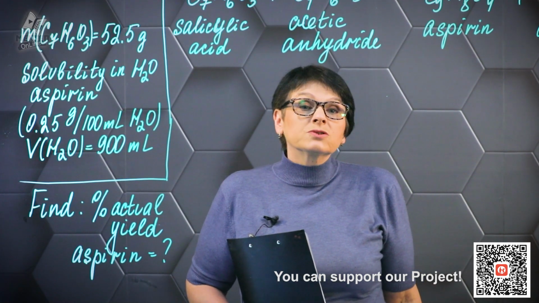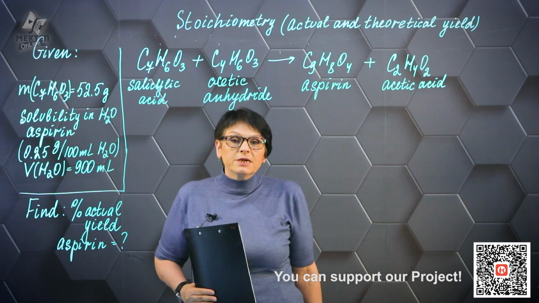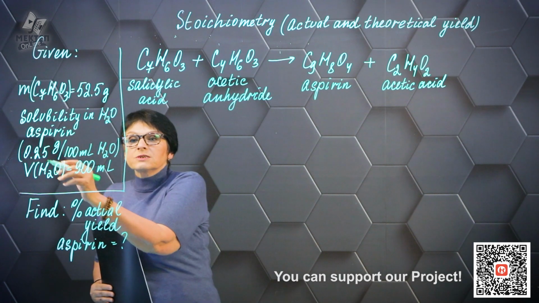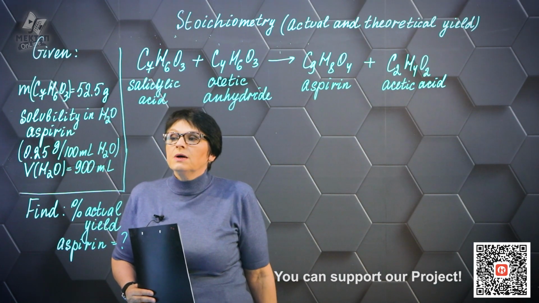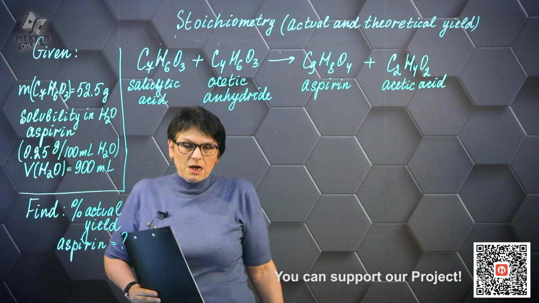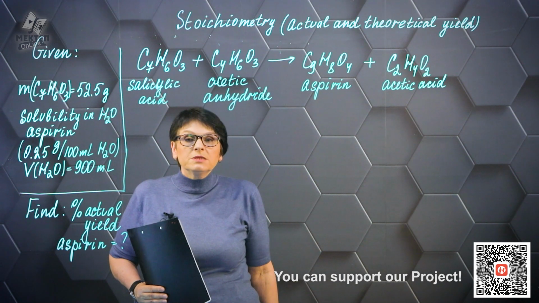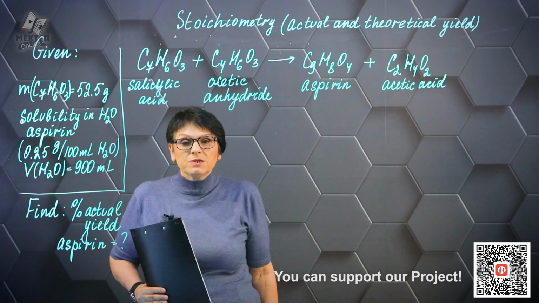It can be dissolved in the water and some of the aspirin may be lost. The solubility of aspirin, which it is important to know for the problem, is 0.25 grams per 100 milliliters of water. Then we will need to find what the practical yield of our aspirin will be due to this loss, due to the dissolution of aspirin in water.